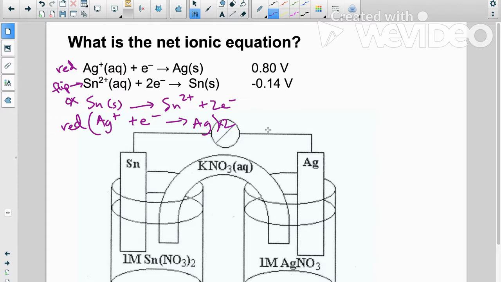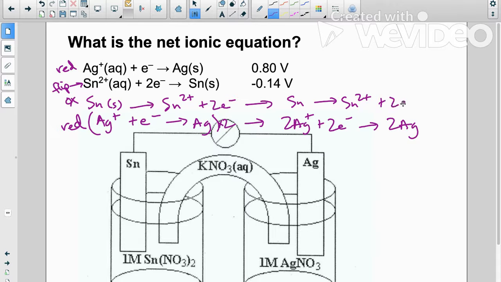When we multiply by 2, this is going to become 2 Ag+ plus 2 electrons, and this is going to become 2 Ag solid. And this just stays the same. So then now we can add these together.